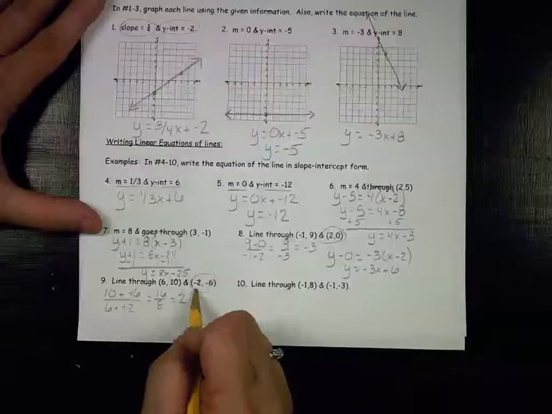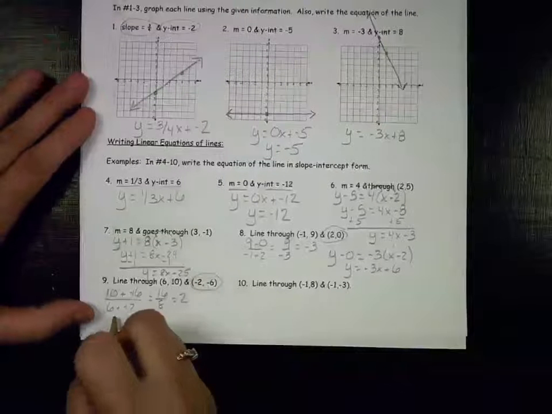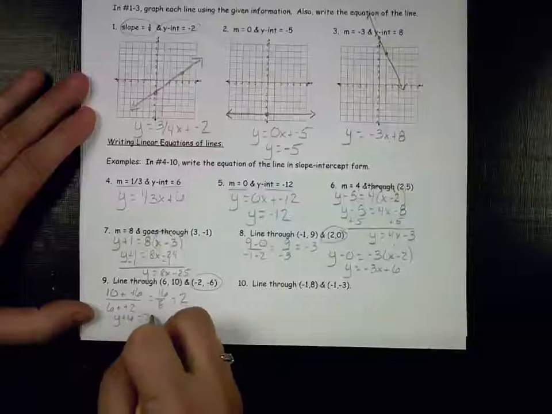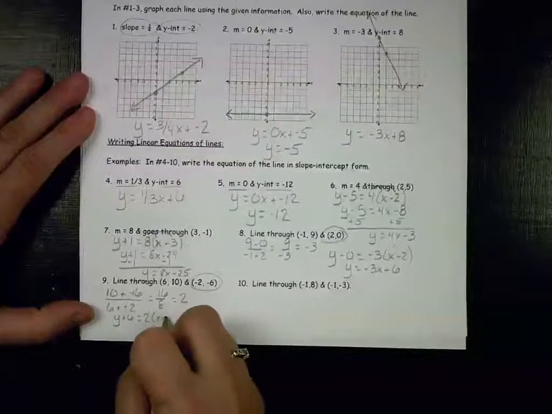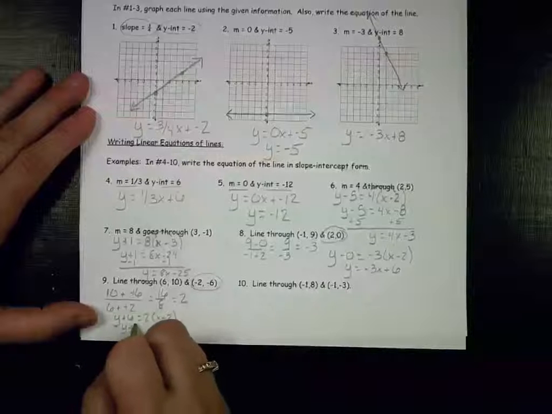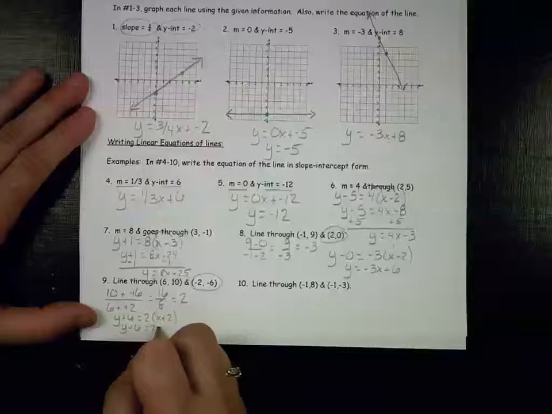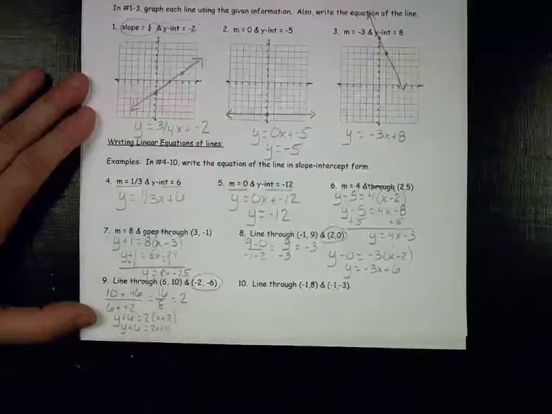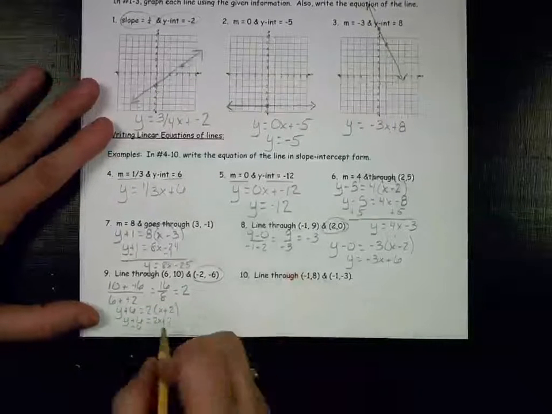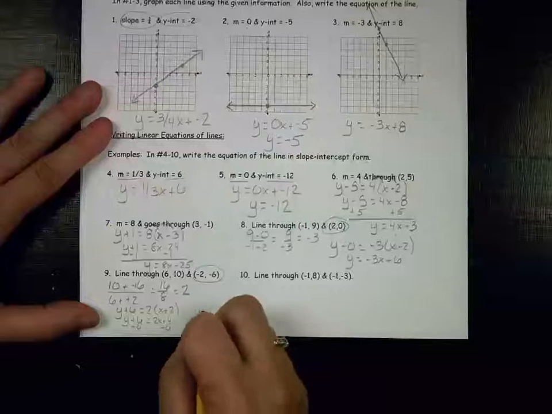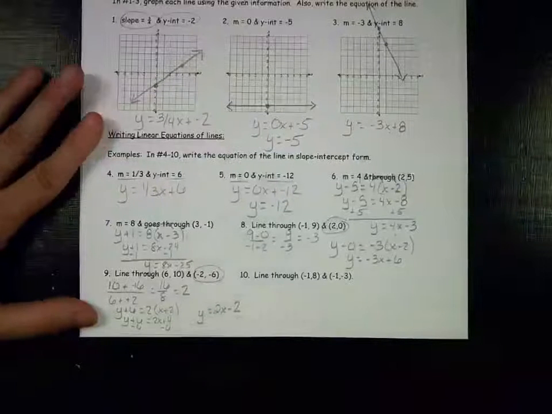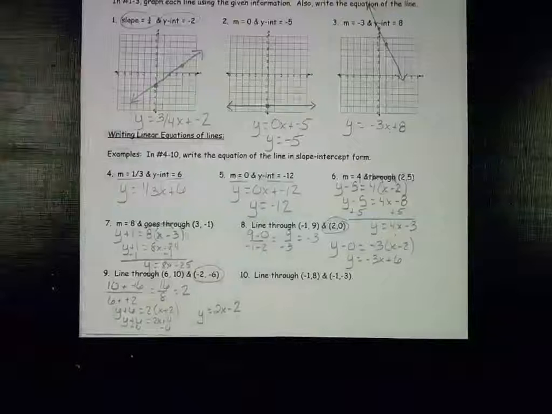I'm going to pick this equation this time, and that will be y plus 6 equals 2 times x plus 2, which becomes y plus 6 equals 2x plus 4. And when you subtract 6 from both sides, you get y equals 2x minus 2, or plus a negative 2.